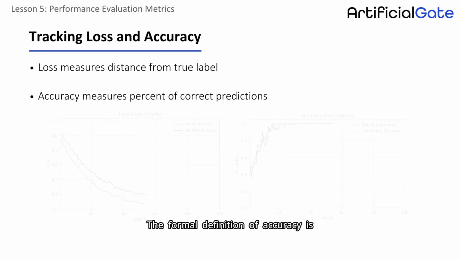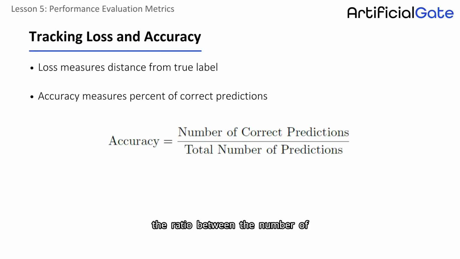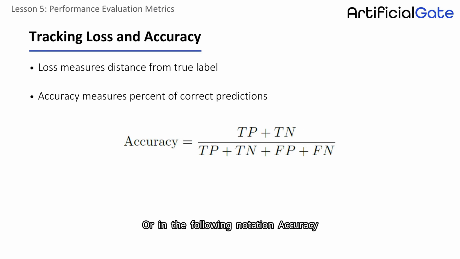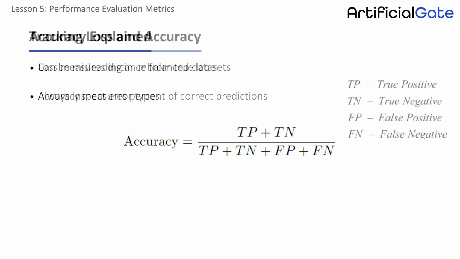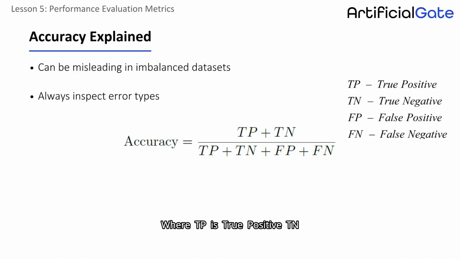The formal definition of accuracy is the ratio between the number of correct predictions and the total number of examples. Or in the following notation, accuracy equals TP plus TN divided by TP plus TN plus FP plus FN, where TP is true positive, TN is true negative, FP is false positive, and FN is false negative.